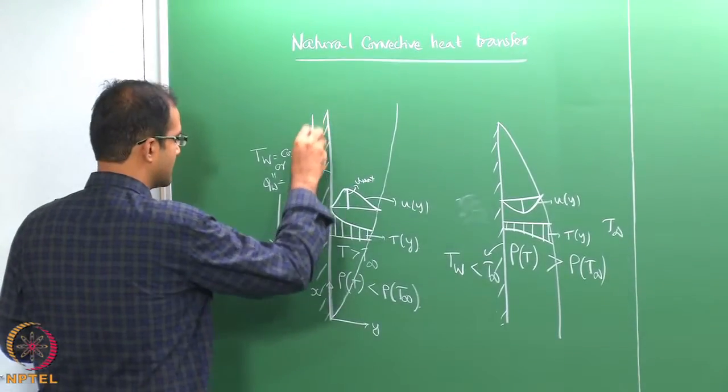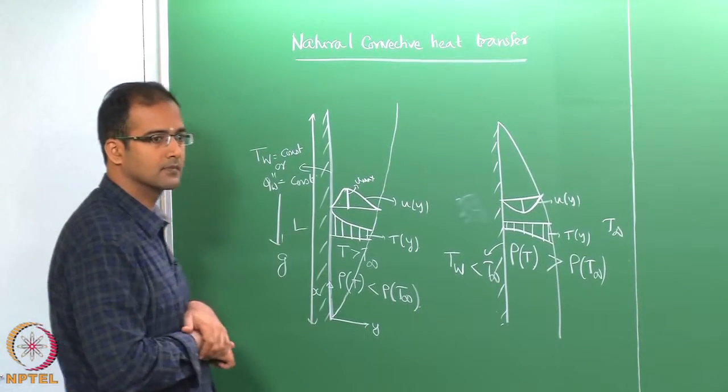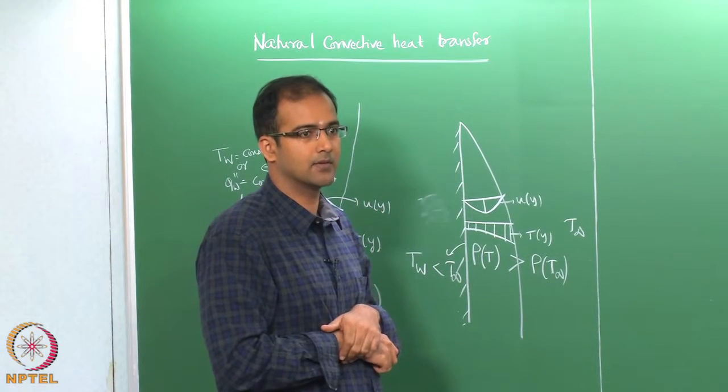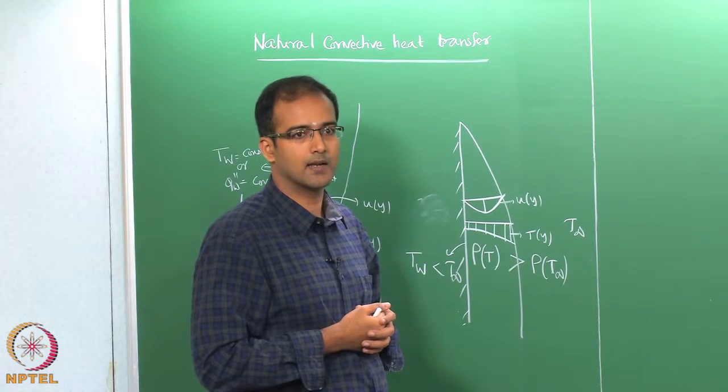So, let us assume that the length of this plate to be capital L. Okay. This is one of the characteristic dimensions that we will use in non-dimensionalizing the boundary layer equations.